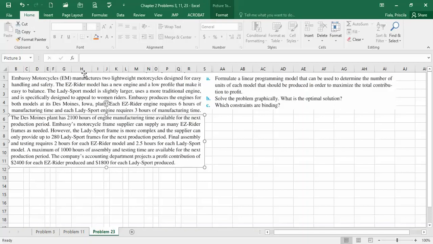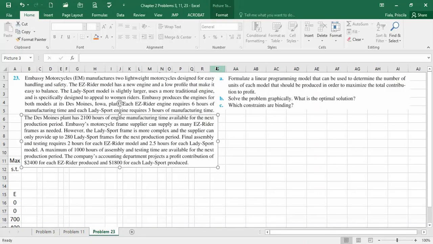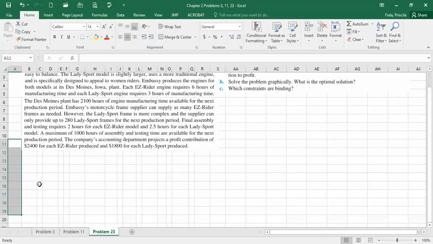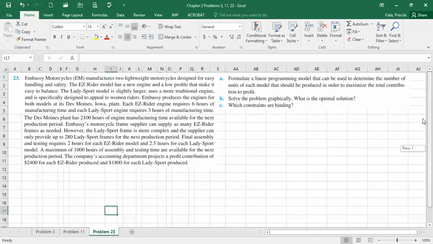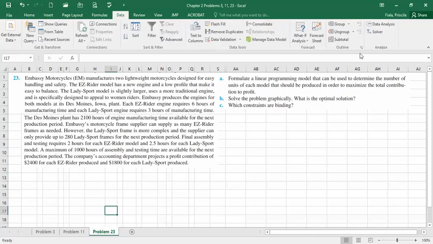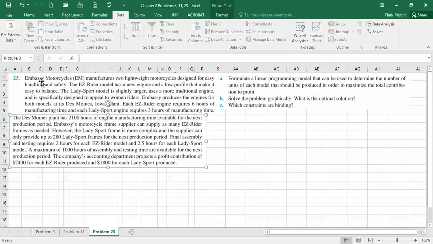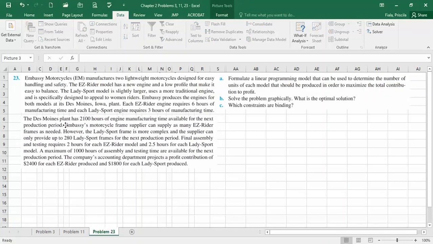Also, if you notice right here, you're missing some columns, and the reason for that is because I have already set up everything so we are able to use Solver to confirm our results. So let's get started. Problem 23 is talking about motorcycles.